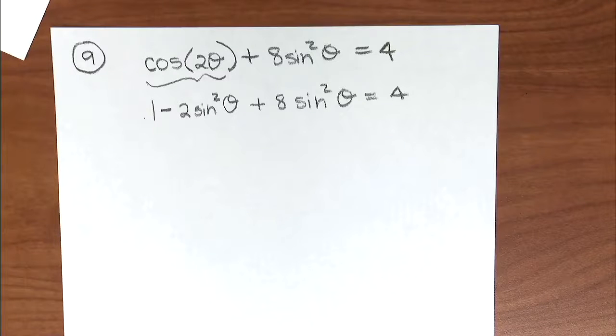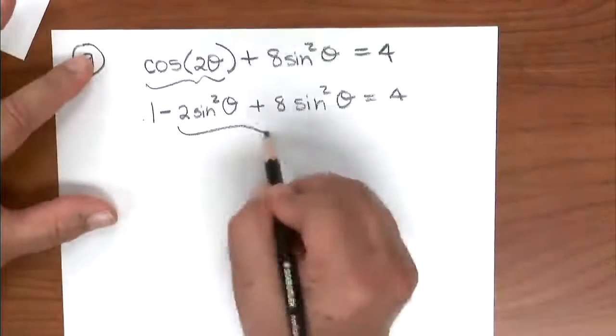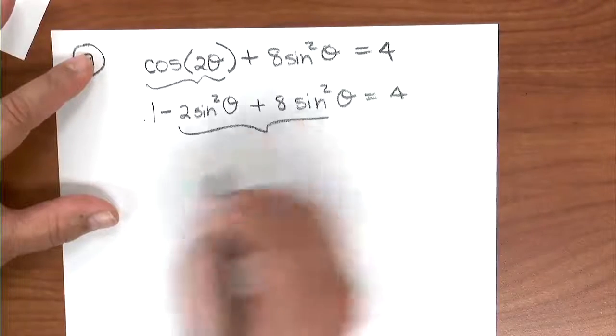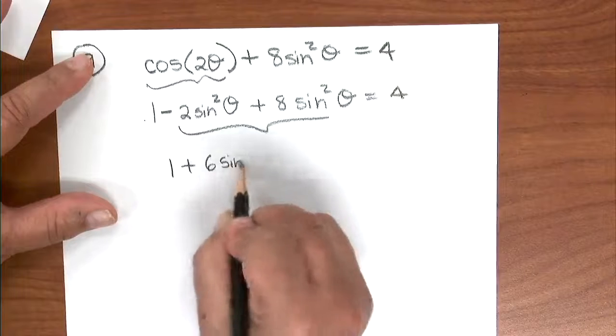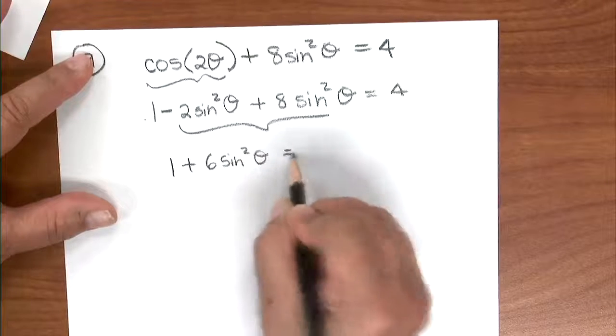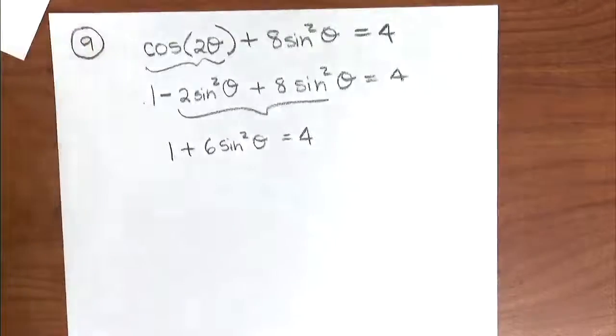Leave what I have here now. This and this are like terms, so I can combine them. And that's even better, because now I can put that together with that. So I would now have 1 plus 6 of these. Then I'm thinking, okay, second degree, don't I have to get the squared term by itself or else factor?